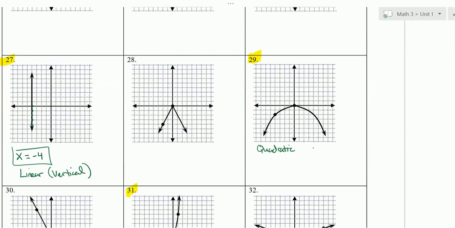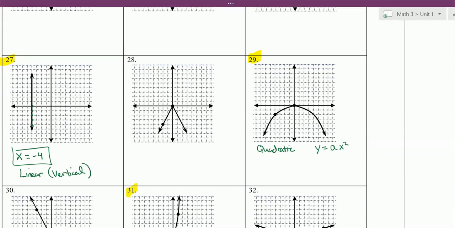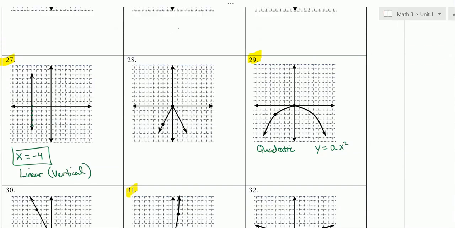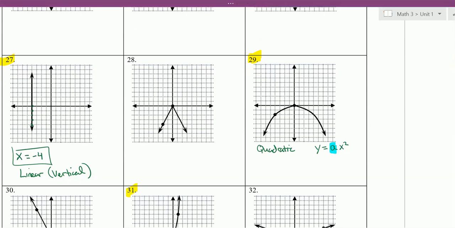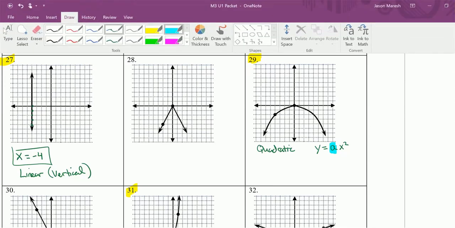And so we know when you're writing a quadratic, it's going to be y equals something, I'll let it be a right now, times x squared for the parent graph. And that's all we're studying right now. But I need to figure out what a is equal to. So can't finish yet. I need to know what that is.